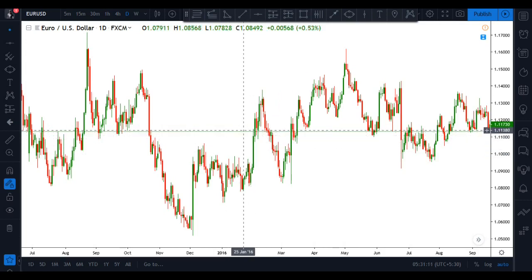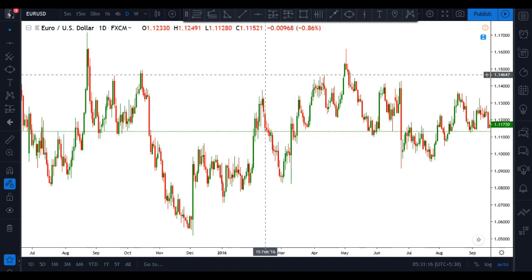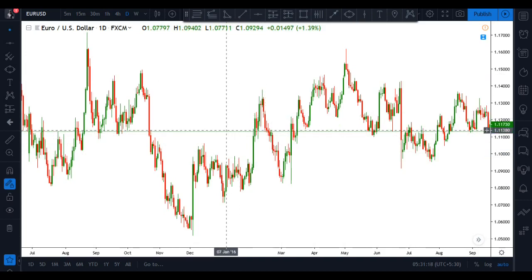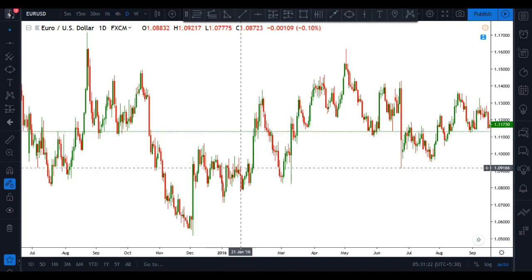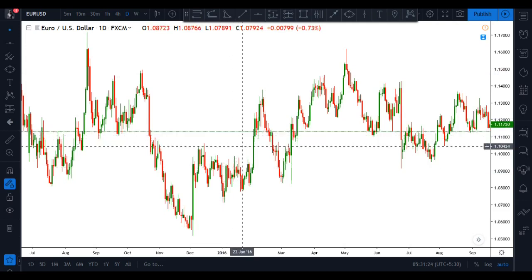Every structure level that is above this line is a resistance level. Every structure level that is below this line is a support level. So that is the major thing about market structure.